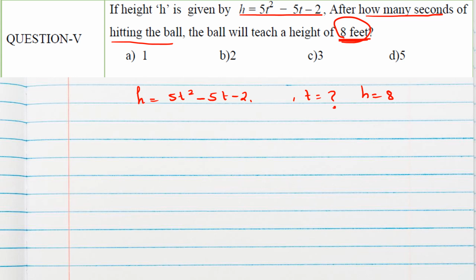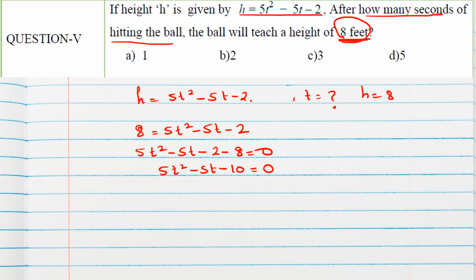So we'll substitute the h value here. After rearranging the terms, we can write 8 along with this quadratic equation. So 5t square minus 5t minus 10 equal to 0. Throughout divide by 5. So t square minus t minus 2 equal to 0.